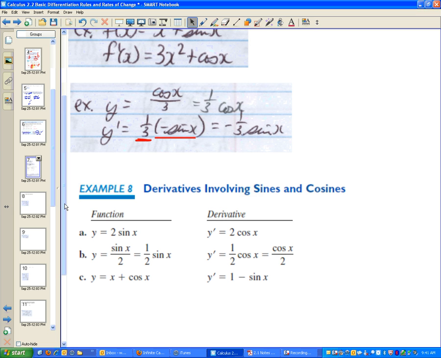All right, on C, we're doing the sum or difference rule. So the derivative of x is 1, and then the derivative of cosine is negative sine. Now, there was an intermediate step there where they had 1 plus negative sine, but, you know, plus minus.